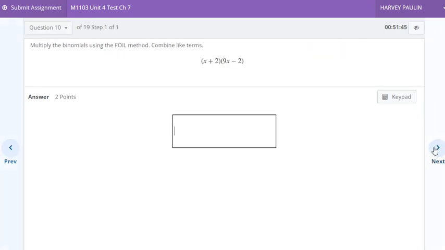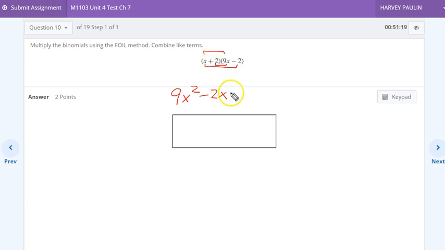Here we're asked to FOIL. And we'll do the lines here. First will be 9x squared. Outers, a negative 2x.